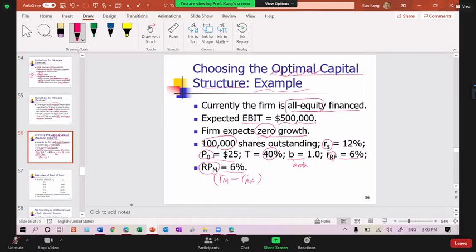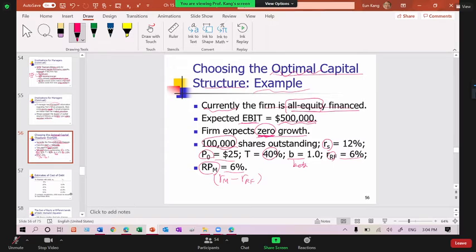And to do that, we just assume, to make it simple, all equity financed currently, starting from all equity financed. Then expected EBIT 500,000 with zero growth to make it simple, right? So 100,000 shares outstanding, and we check all those RS, P0, T, B, RF, RM, right?